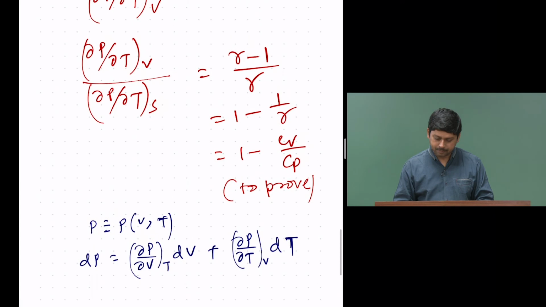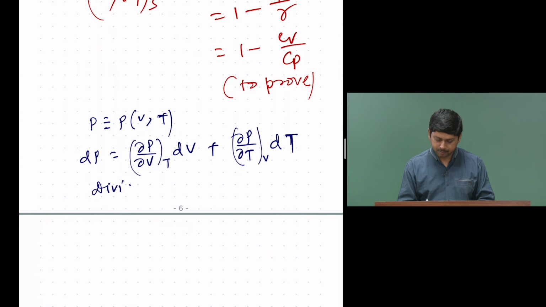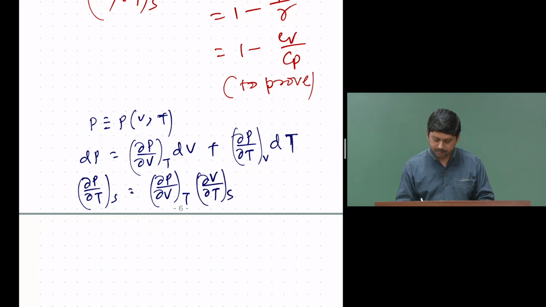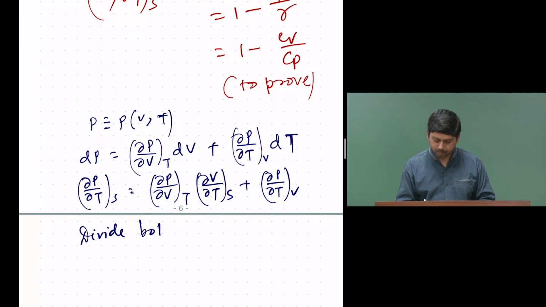Now, we need del P by del T at a constant S. So, differentiate both sides by T at a constant S. What you get is that del P by del T at a constant S is del P by del V at a constant T dV by dT at a constant S plus del P by del T at a constant V, dT by dT will not be there anymore. So, now divide both sides by del P by del T at a constant S.